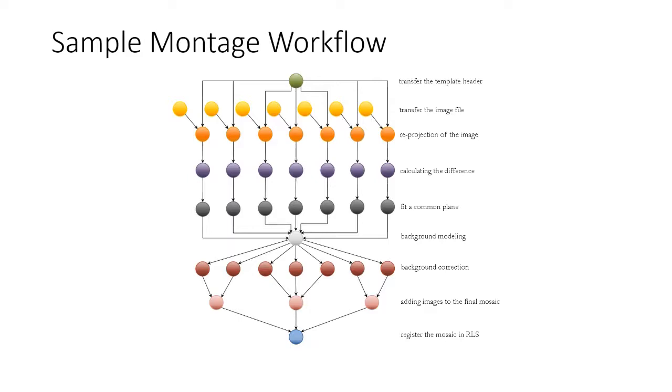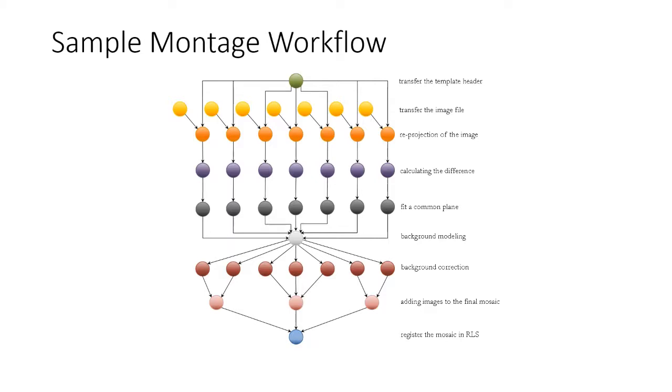In the case presented in the diagram, a mosaic is composed out of 7 images. The entire process can take advantage of a distributed infrastructure for its execution, since there are several operations that can be performed in parallel.